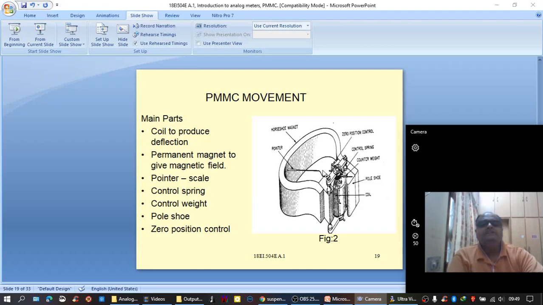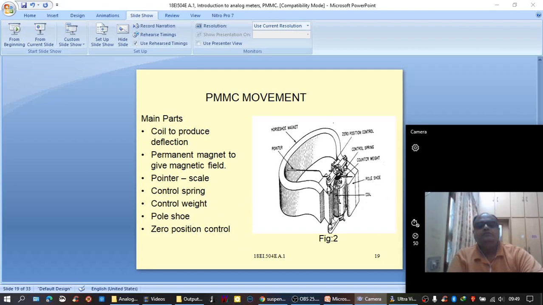Because of the additional weight, the pointer tends to bend down when control weight is not placed on the other side. So in order to maintain the balance of weights on the two sides of the pointer, a control weight is placed.